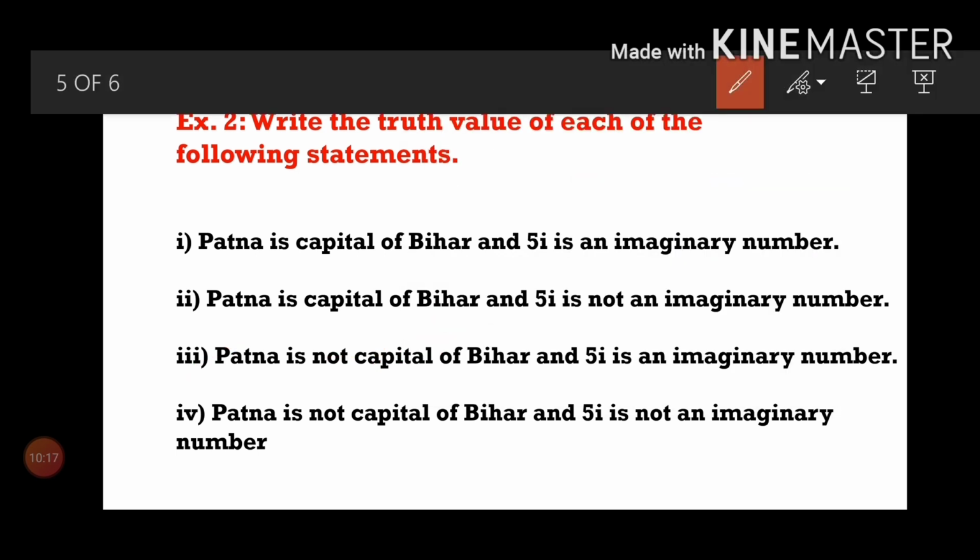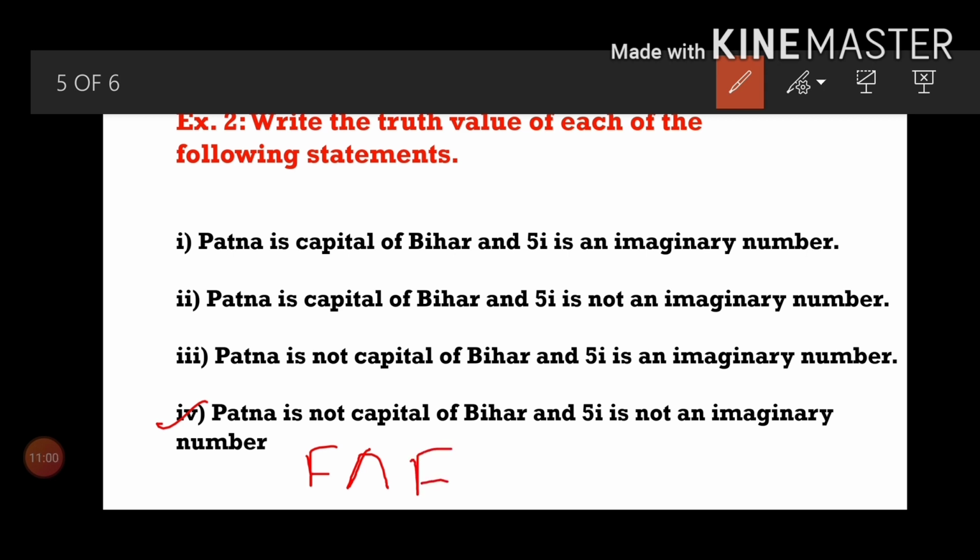Question number 4. Patna is not capital of Bihar and 5i is not an imaginary number. Both are false sentences. The first statement is false, then the connective is conjunction, meaning 'and', and the second statement, 5i is not an imaginary number, is false.